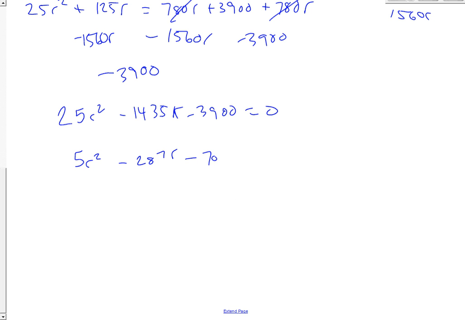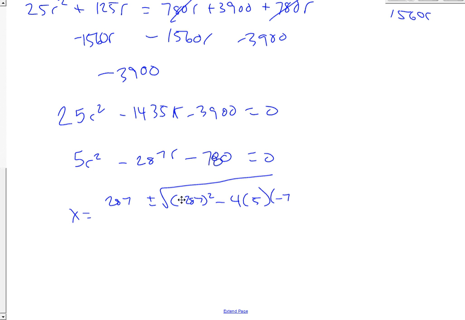So at least I have smaller numbers to work with for my quadratic formula. So x equals 287 plus or minus the square root of negative 287 squared minus 4 times 5 times negative 780, all over 2 times 5.